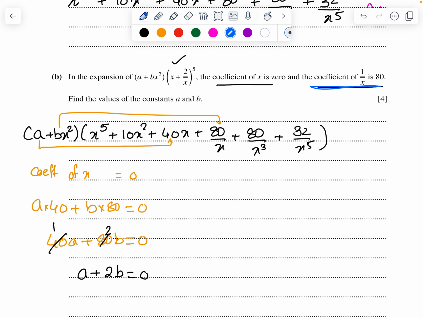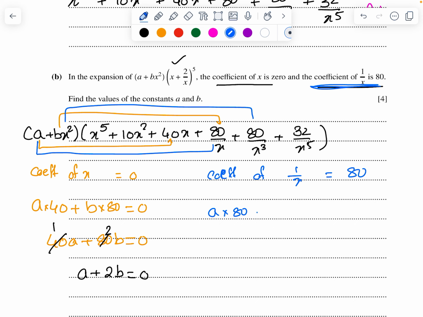Next, coefficient of 1 upon x is 80. How can I get 1 upon x? A times 80. So write it out over here. Coefficient of 1 upon x equals to 80. So a times 80 and x squared times 80 plus b times 80 should be equals to 80.